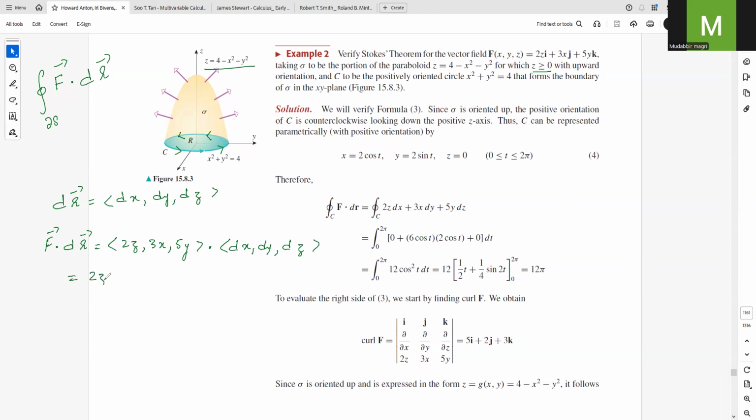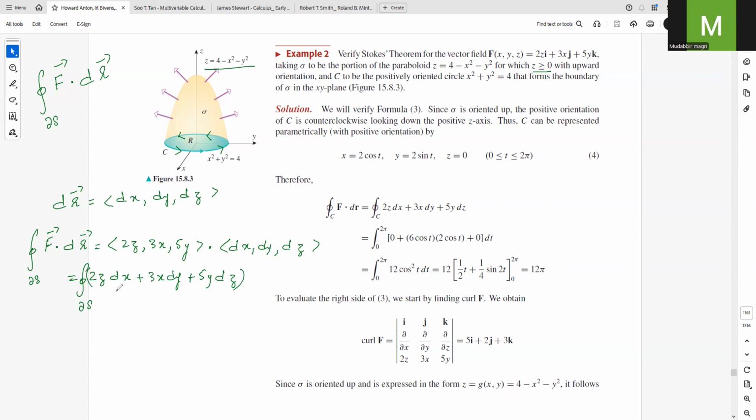So it gives 2z dx plus 3x dy plus 5y dz. So the integral over the boundary will be this expression here.